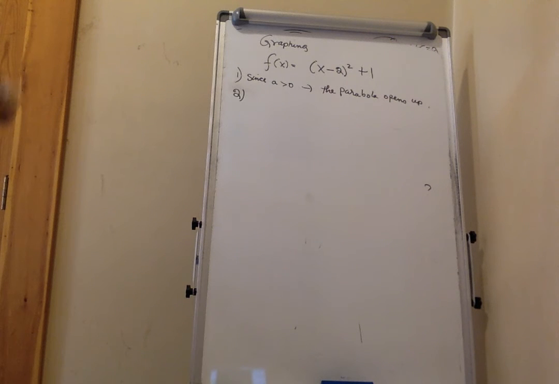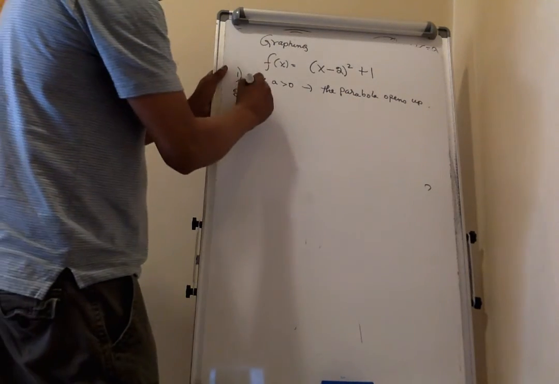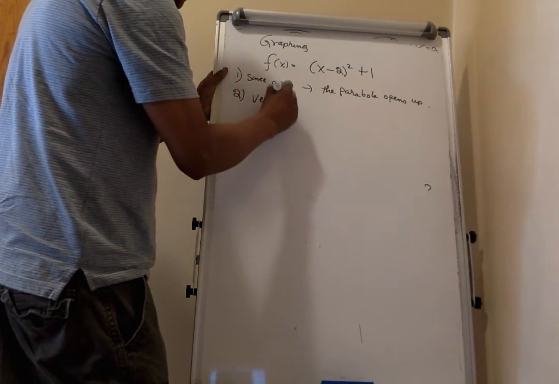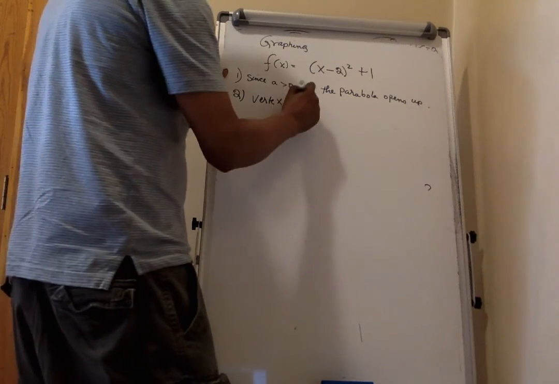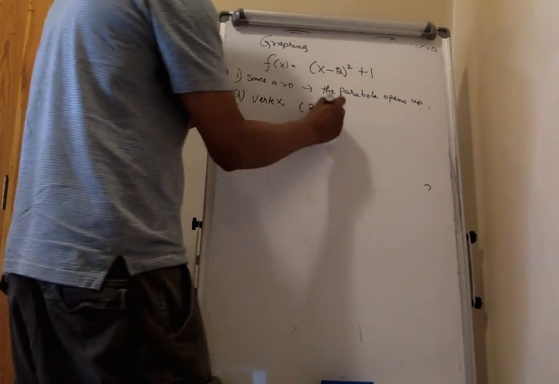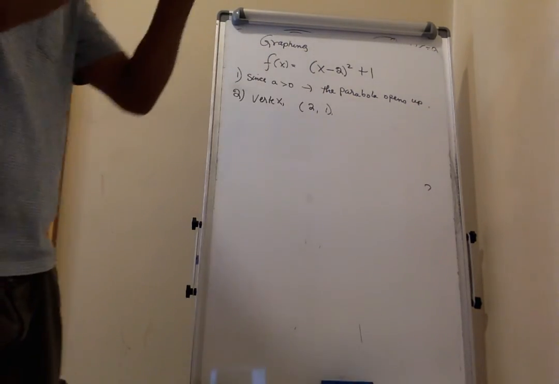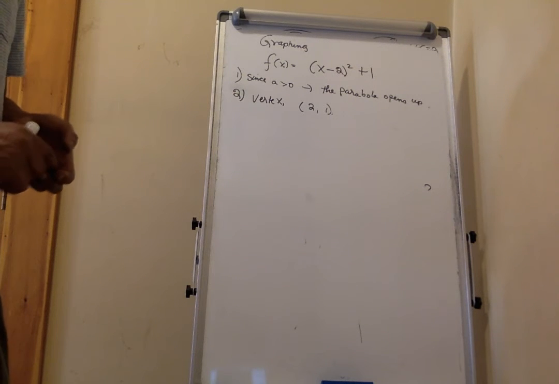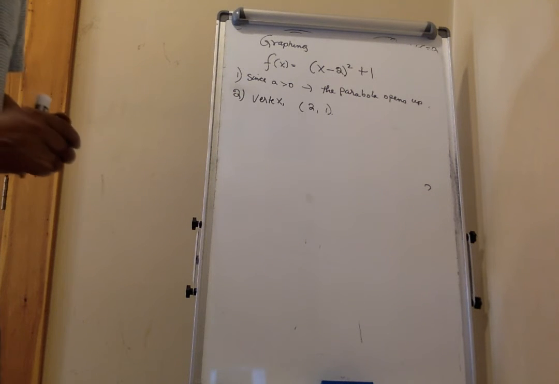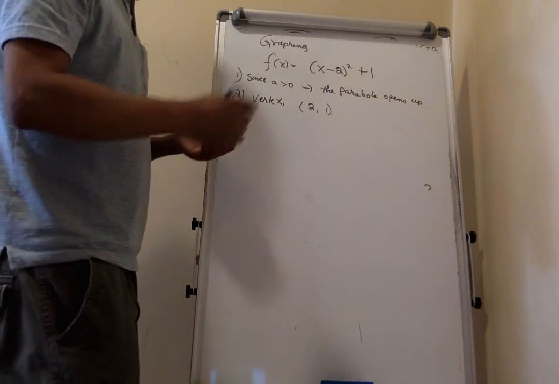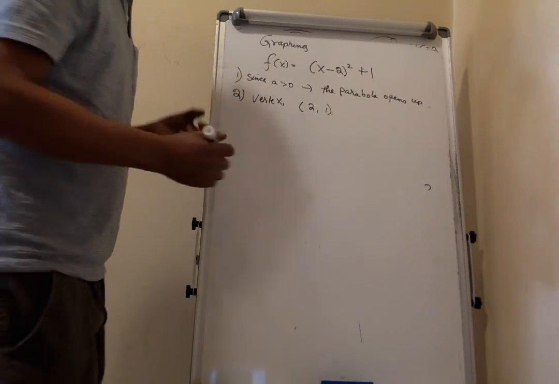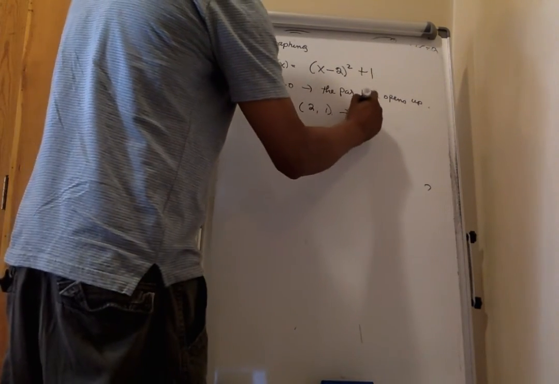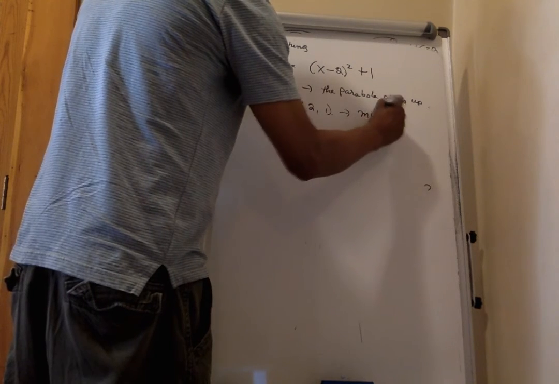So it's a graph of x squared. But now the vertex is 2 and 1. And this is the point where the graph divides into 2 equal halves. And because it is opening upwards, this vertex is the minimum, not the maximum.